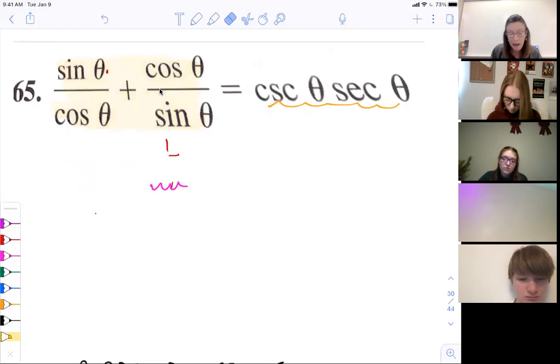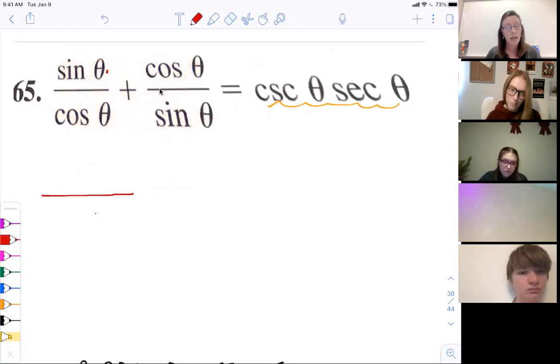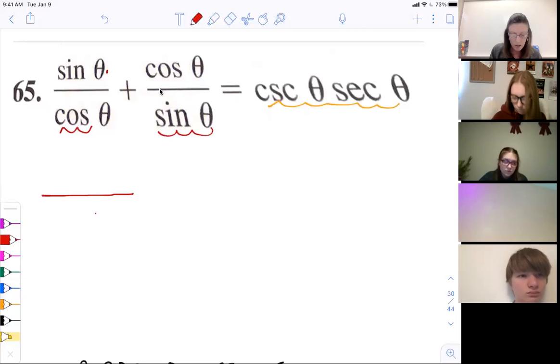We're just going to apply that same thought process to having cosine and sine. So we want our denominator to say cosine and sine, or sine and cosine, however you want to say it. We need our denominator to have both common pieces combined together. So we're going to make sure our denominator says sine times cosine.